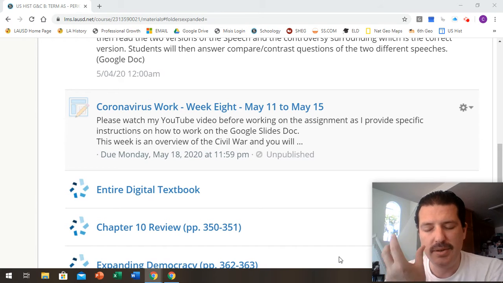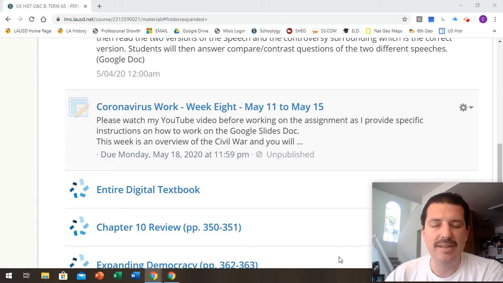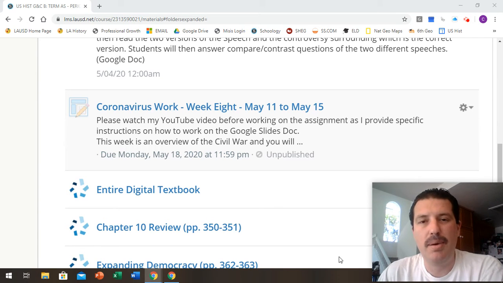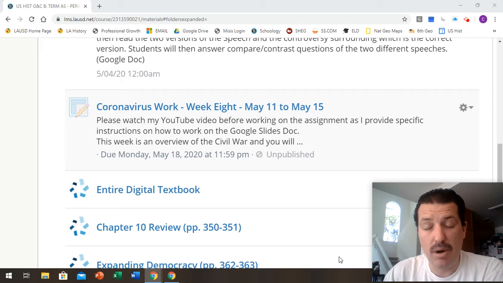So, yes, the Civil War is about slavery and about ending slavery. And we know that the North won, and that slavery became illegal here in the United States with the passing of the Emancipation Proclamation.